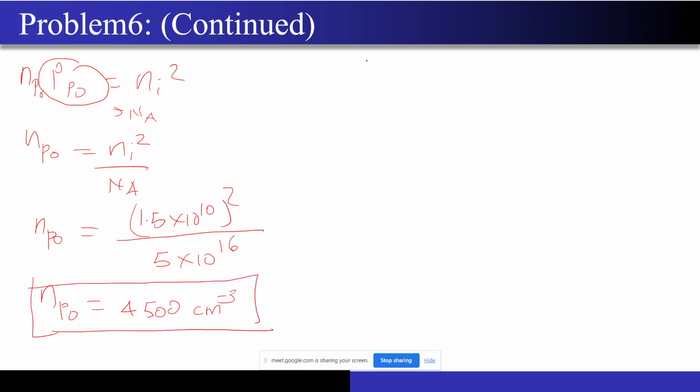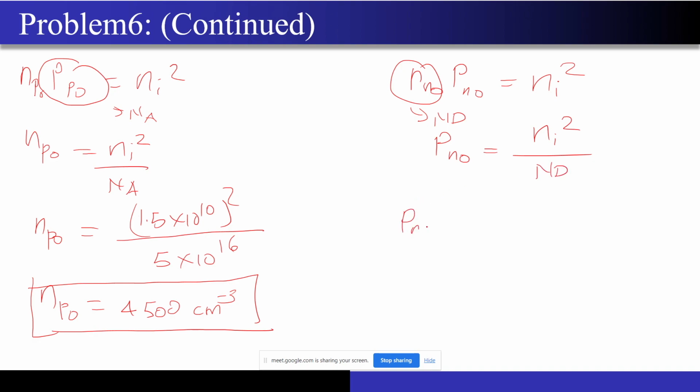Similarly I will do this exercise for the n side as well. nn naught into pn naught will be ni square, and nn naught is nothing but Nd. So pn naught will be ni square by Nd, which is 1.5 into 10 to the power 10 whole square by Nd, where Nd was 2 into 10 to the power 16.